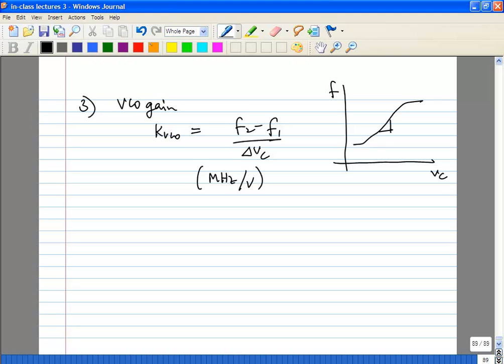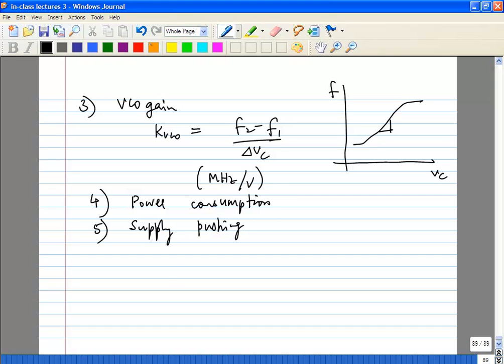It's usually represented in megahertz per volt. Is that clear? Obviously, power consumption, I don't have to tell you about that. What else? You need to quantify the supply rejection. In the case of the VCO, that's called supply pushing.